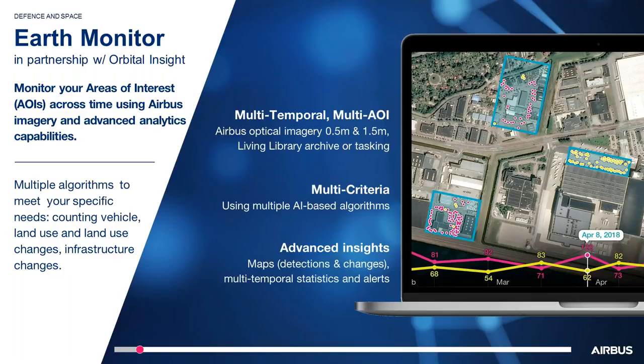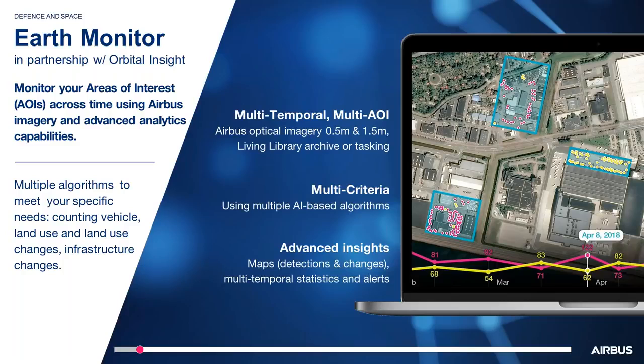And the principle is really this one. You can parameter several areas, and the system is able to detect and count automatically the number of vehicles inside each area, and to add each number to provide a statistic. And of course, we also have an alert system.